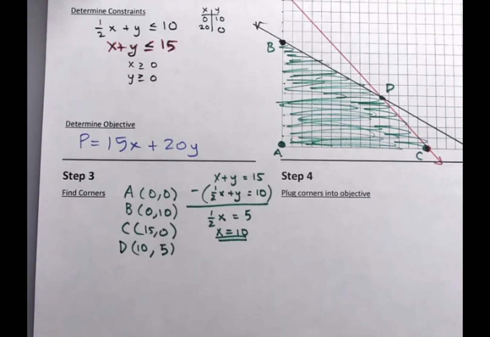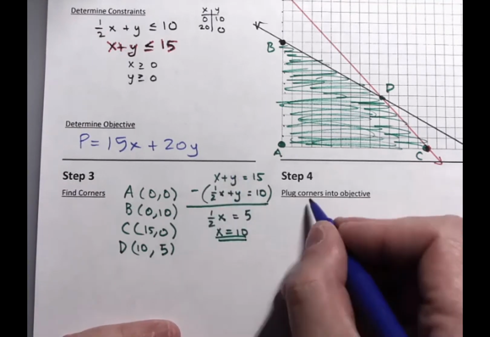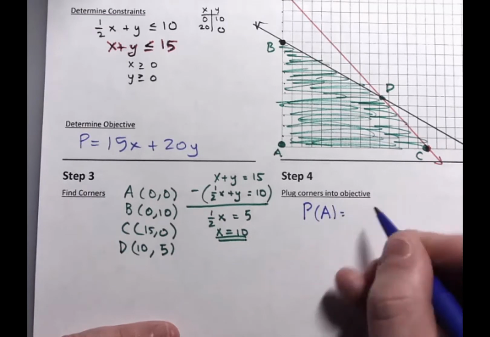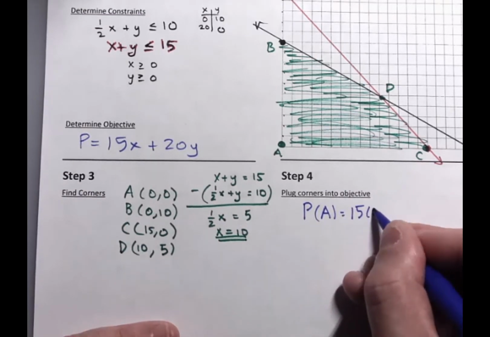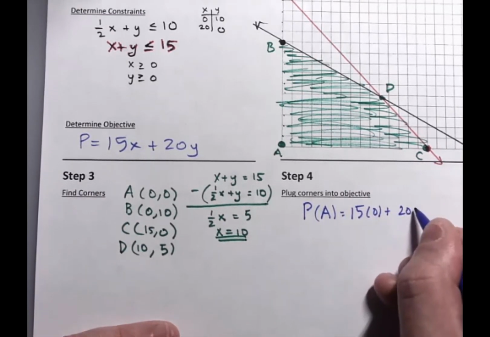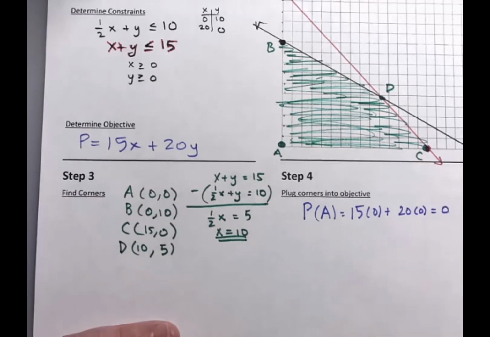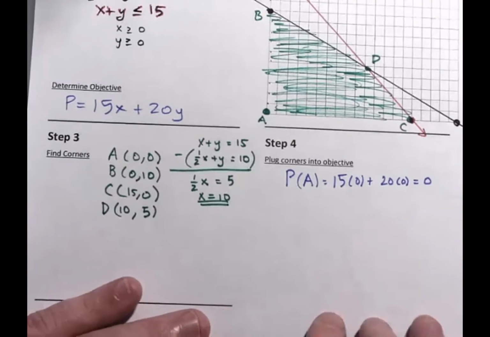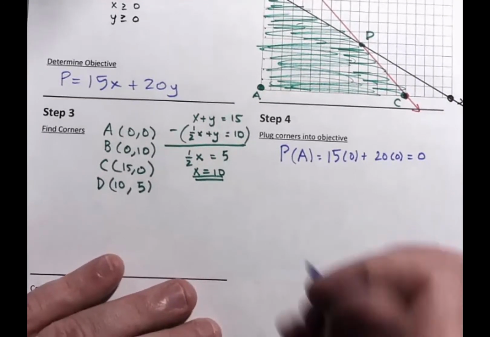So then let's take those points and plug them into our objective function. The profit equation at A would be 15 times 0 plus 20 times 0, which is 0. And this should be pretty clearly a minimum profit, right? That's not going to be a maximum profit. Lisa would not like that deal.